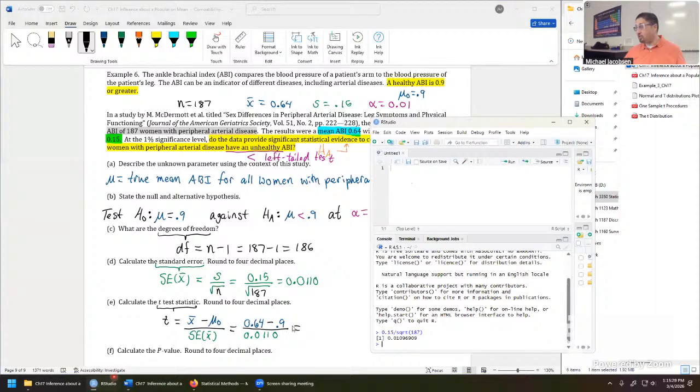So another quick calculator operation, this will be 0.64 minus 0.9. You know, that doesn't look like it's a big difference really, until you look into the approximated standard deviation. That standard error is very, very minuscule because the sample size was pretty large in the study.